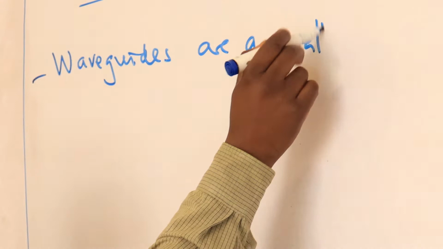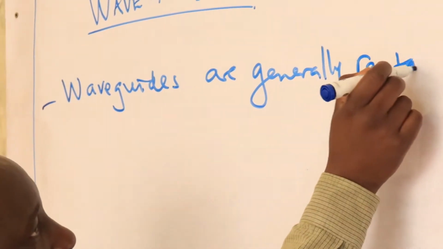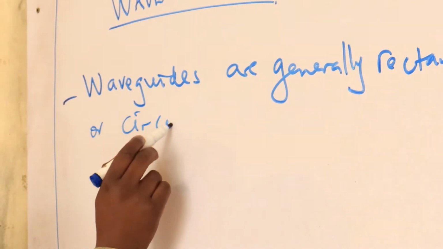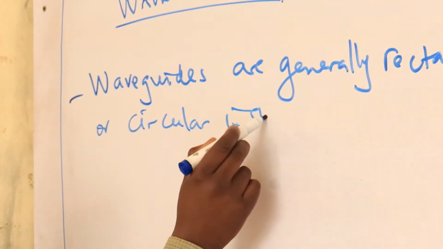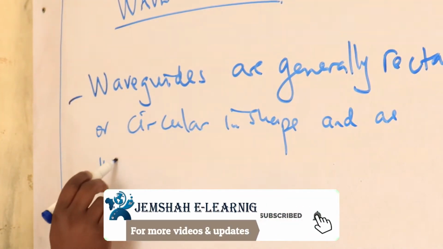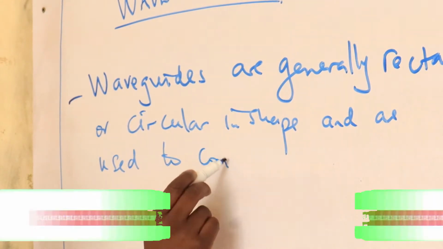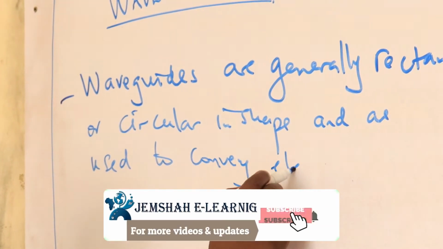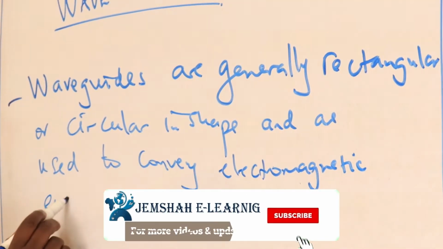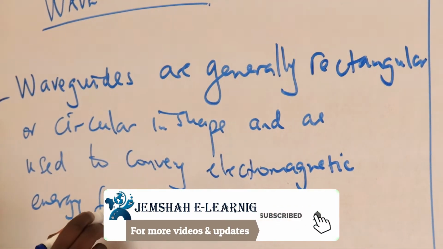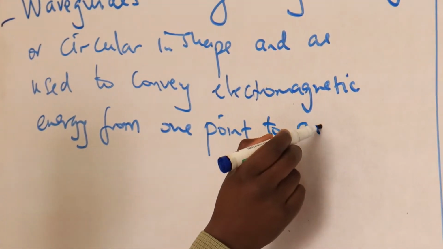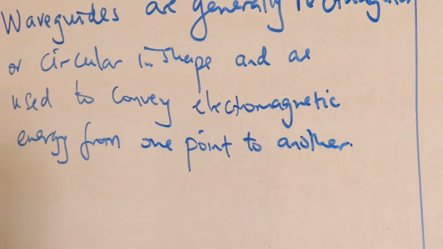They are generally rectangular. They are used to convey electromagnetic energy from one point to another.